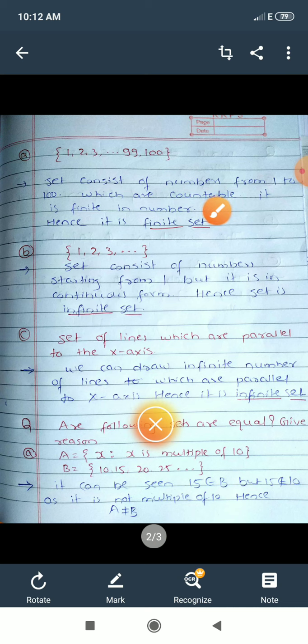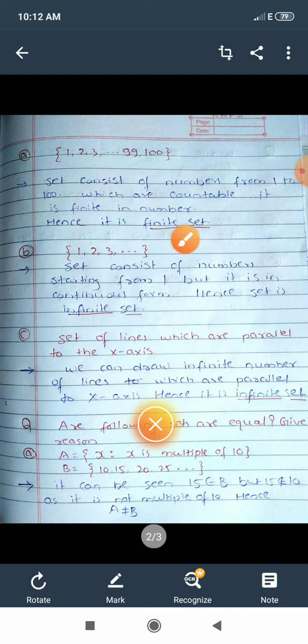As I said, it is countable and finite in number. Starting from 1 it comes to 100, so it is finite and countable. That's why we can say that it is a finite set. Hence the first example, A, the set 1, 2, 3 up to 100, is a finite set.